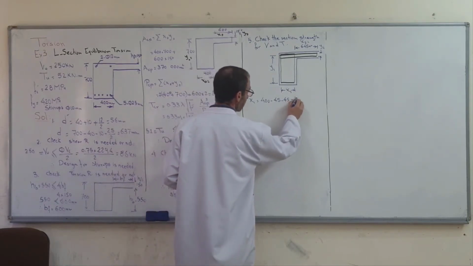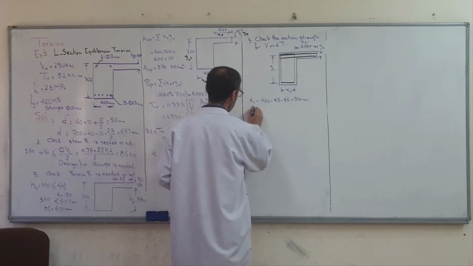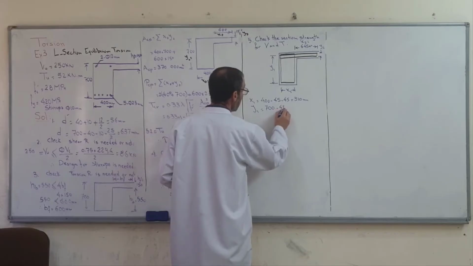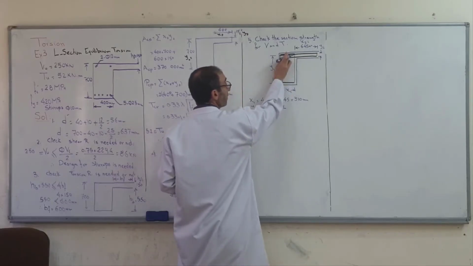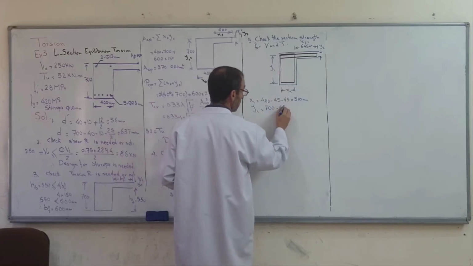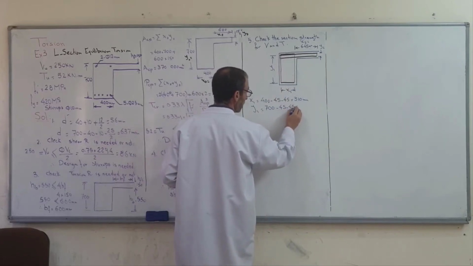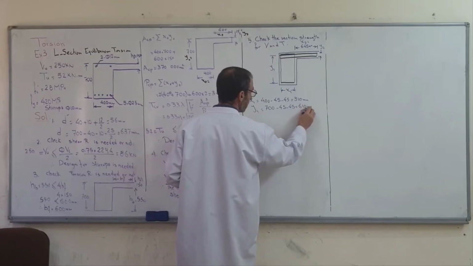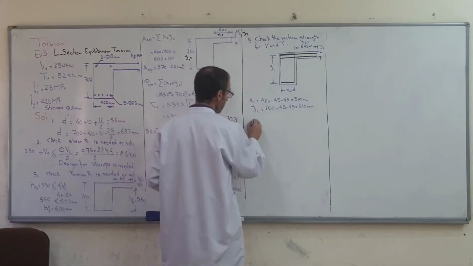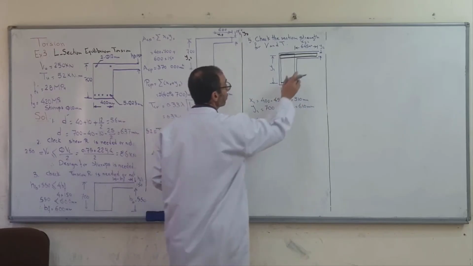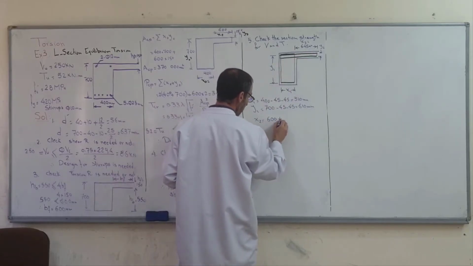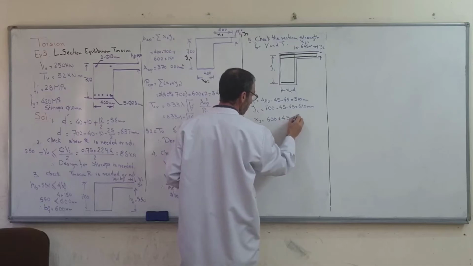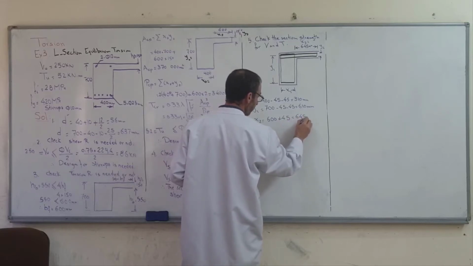This is equal to 300 millimeters. y1 is 700 minus 45 from here to center of the stirrups, 45 from here to center of the stirrup. Now x2 equals 600 plus 45, which is 645 millimeters.